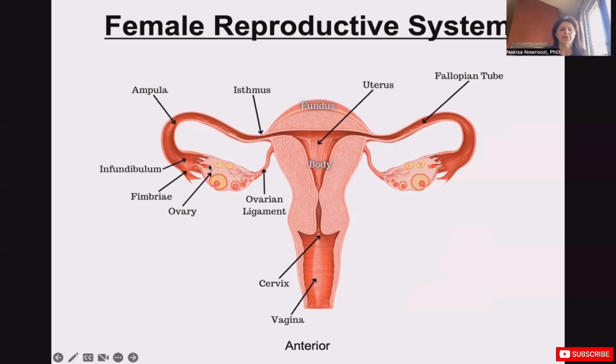You have the ovaries, and you have fallopian tube. Fallopian tube is divided into sections. Isthmus is the connection of the fallopian tube to the uterus. Then you have the ampulla, you have the infundibulum, and you have the fimbriae, which is the finger-like projections.